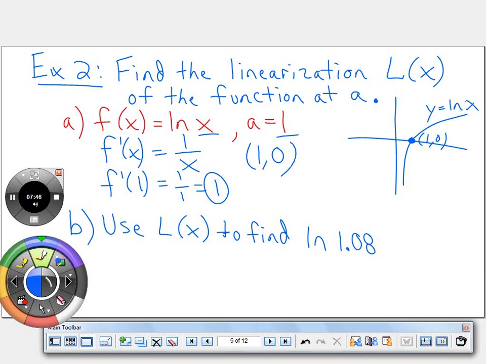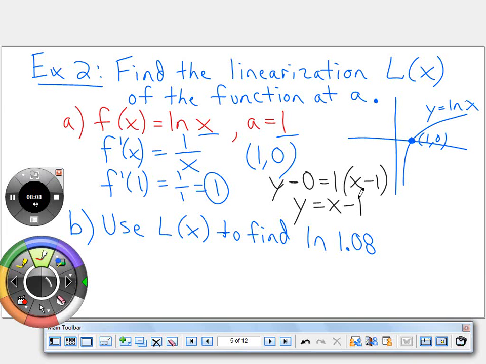So we've got a point, we've got a slope, and now we just write the equation of the tangent line. This would be y minus 0 equals 1 times x minus 1. If we simplify this a little bit, it would be y equals x minus 1.